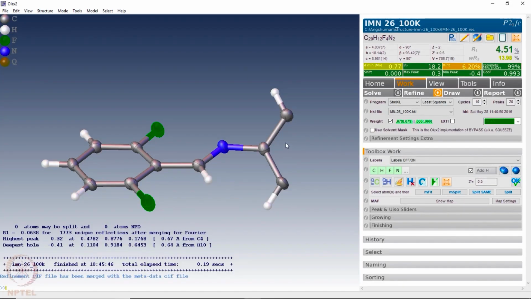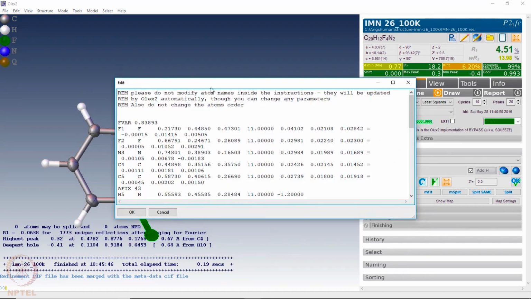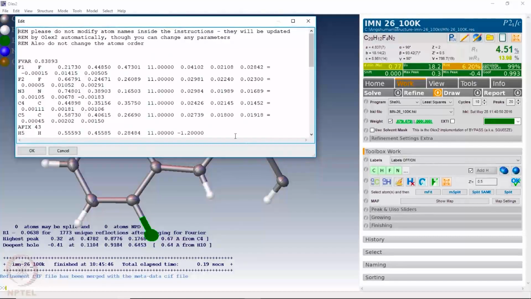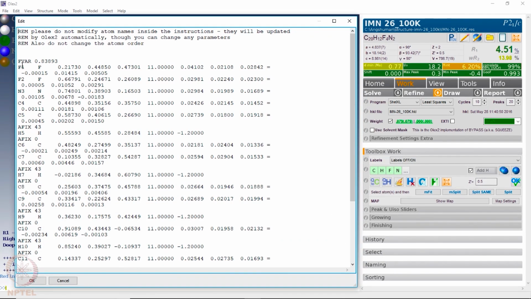So in that structure determination and refinement, we tried to treat the hydrogens as a fixed entity. If you remember, if we look at the corresponding table of coordinates, what we are seeing is that we have the fluorine atoms first with the fractional coordinates, that is along x, y and z.